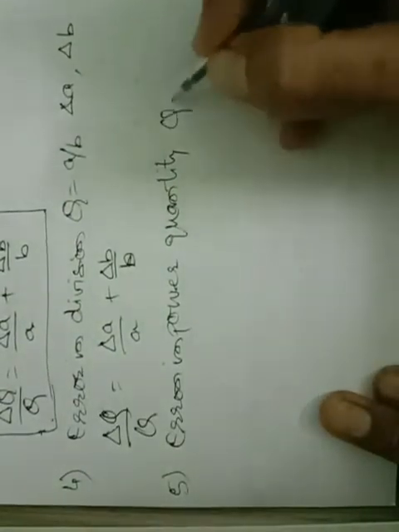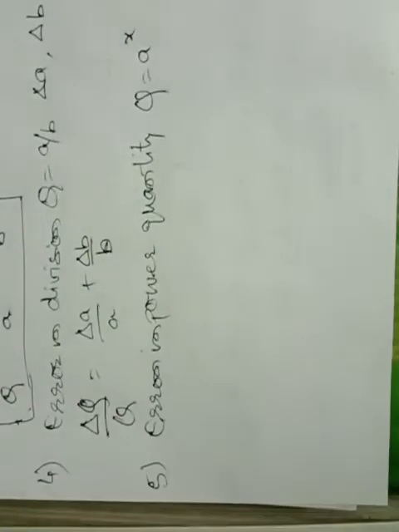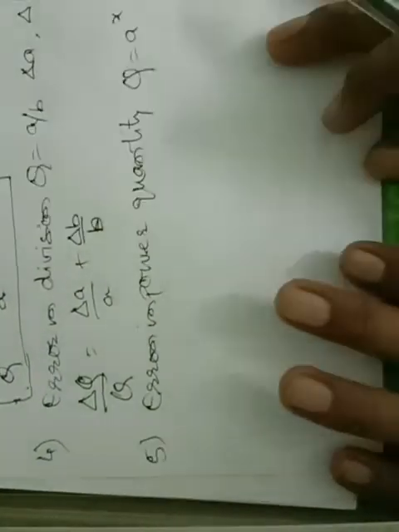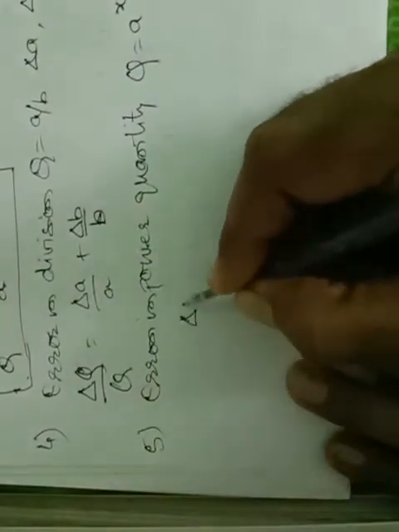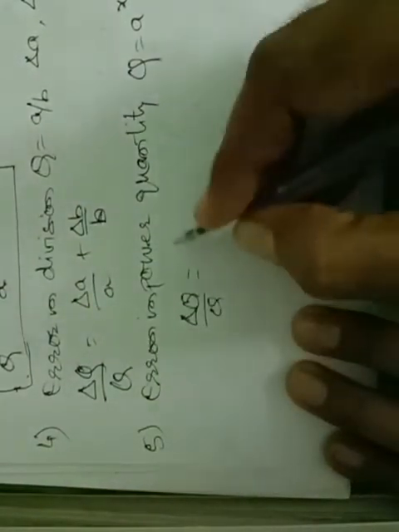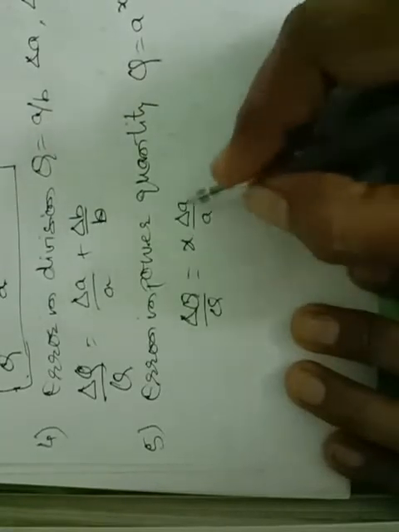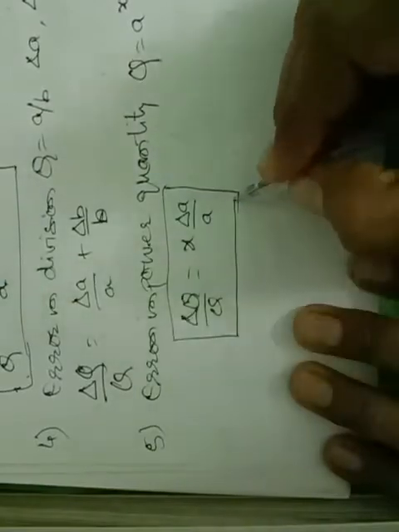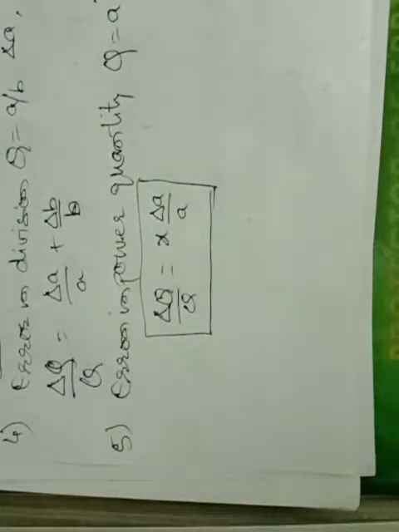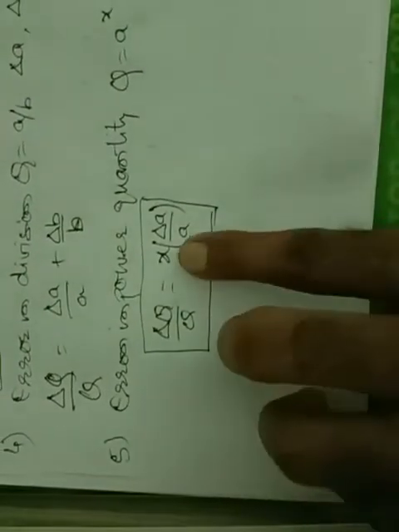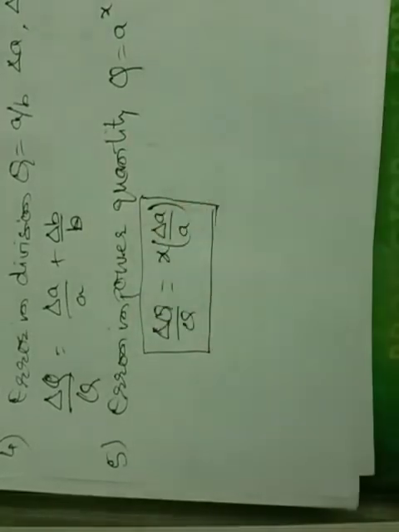So Q is equal to A to the power of X. In this case, you have to understand that if delta A is the absolute error, then relative error delta Q by Q is equal to X delta A by A. This will be the error in the power quantity: X times the fractional error in A. X multiplied by the fractional or relative error delta A by A will be the error in the power quantity.